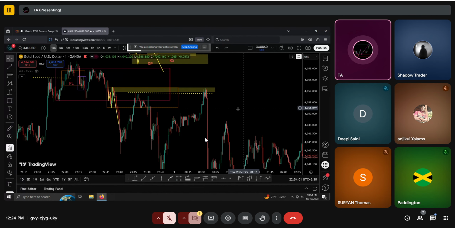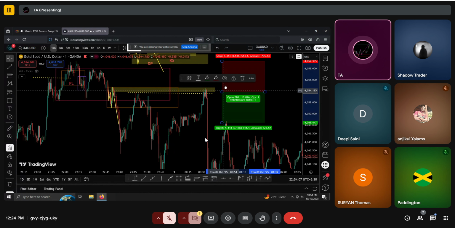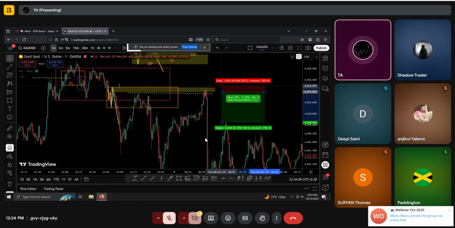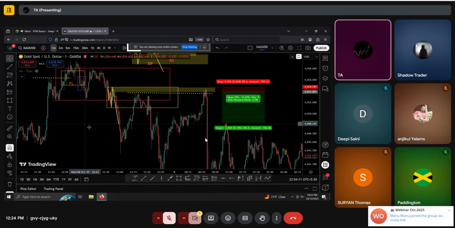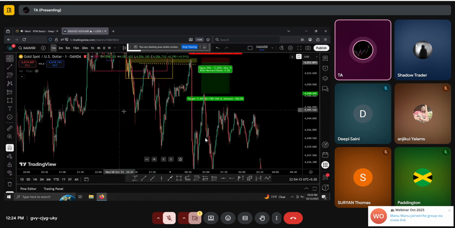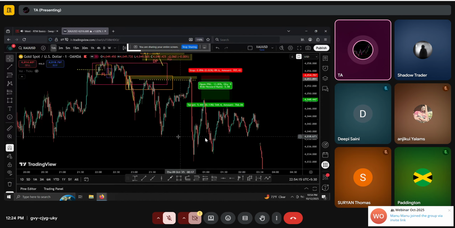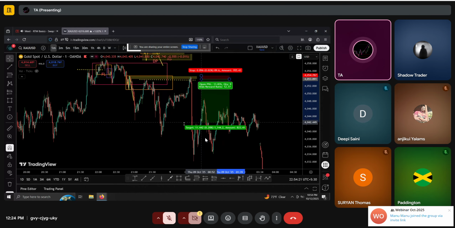So when we trade the MPL, what will happen? We will enter here, with stop loss above the zone. The price came from here to this zone, so our target can be here.